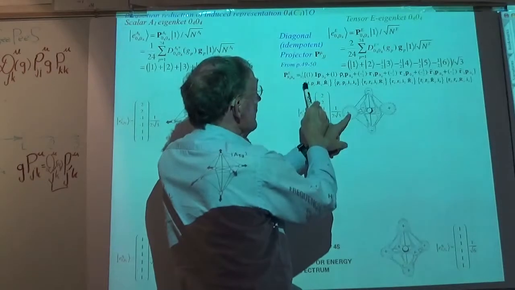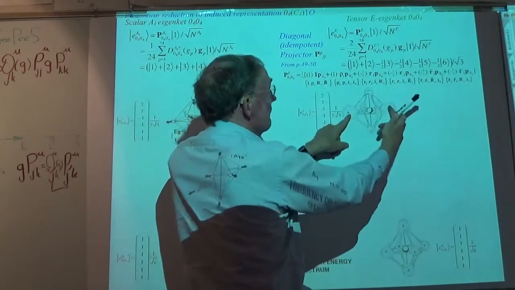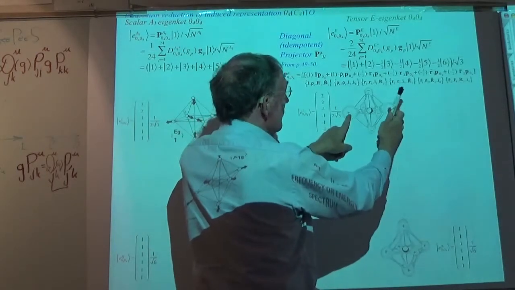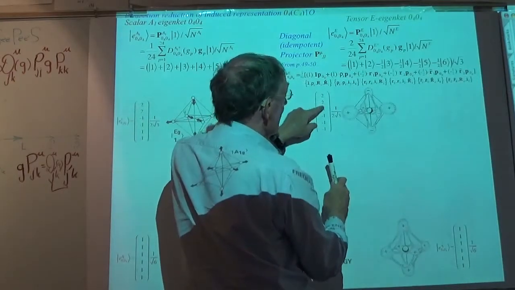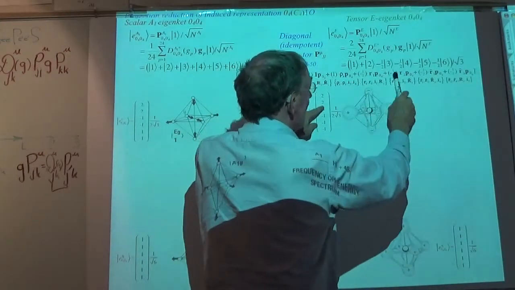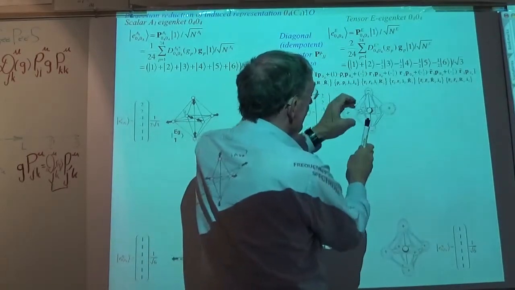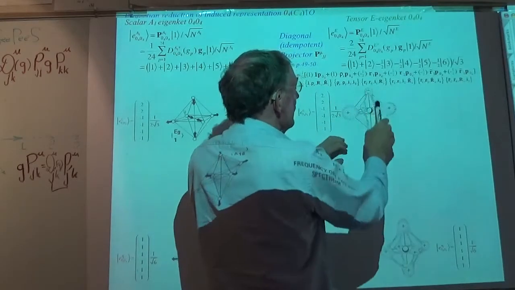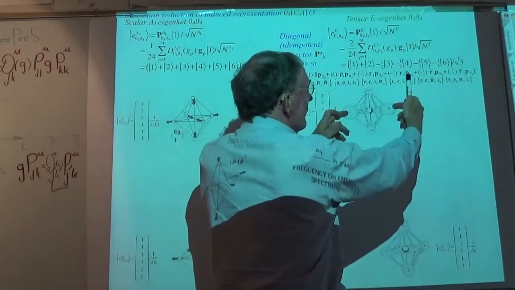So I'm going to have here a number 1 and a number 1 right there. Or if I don't like writing 1/2, I can put a 2 here, and then all the rest of them are minus 1. Okay? So it's 2 to 1. This thing right here has 4 times the probability of any of these states that are on the equator of the z-axis.